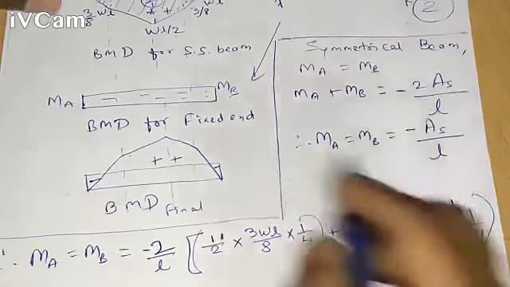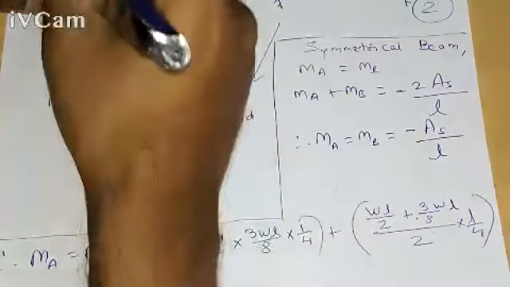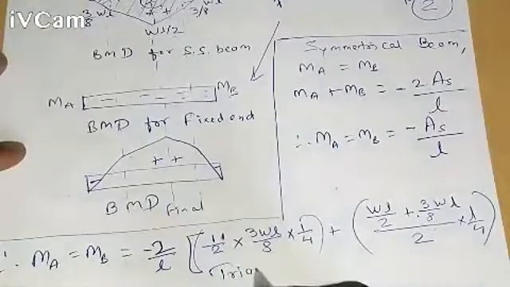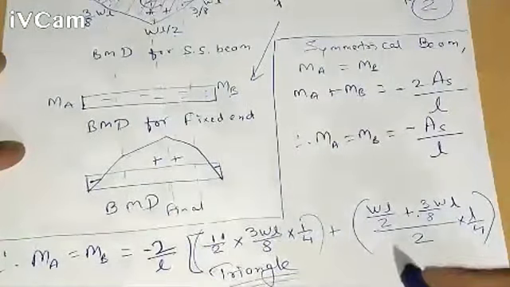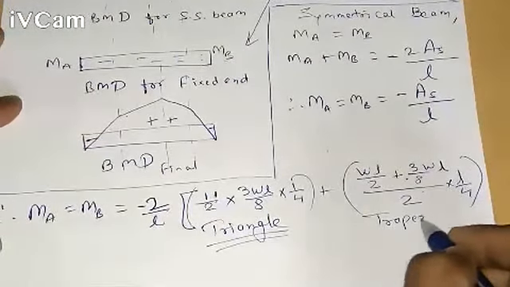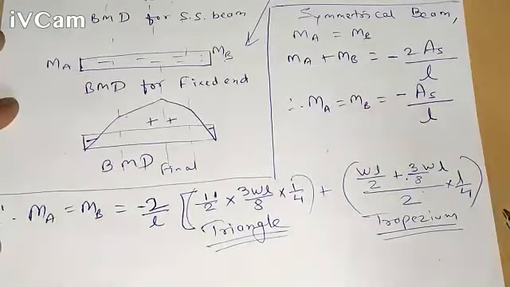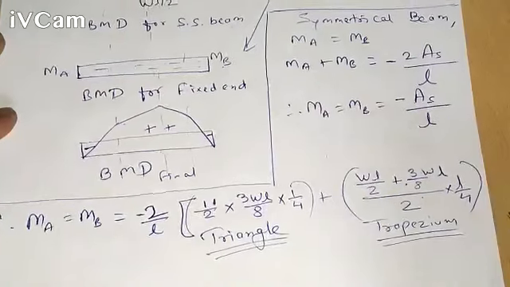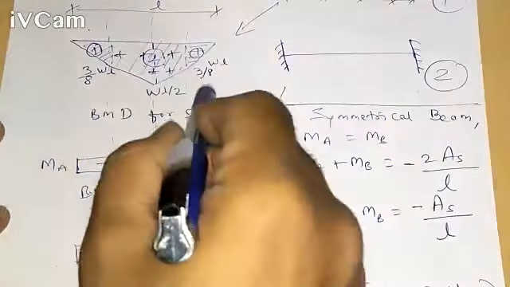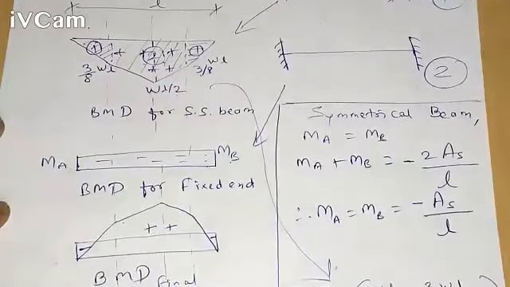So you can consider this as the triangle area, and this is considered as trapezium. So for this condition, we got this area.